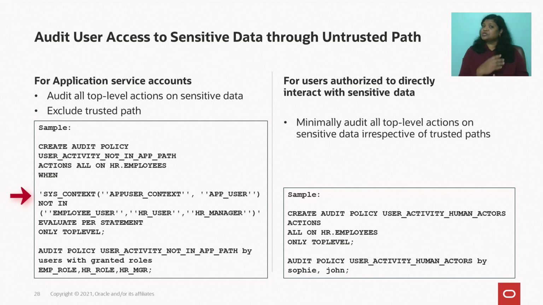Any client connection which accesses these tables but does not have the listed application context values set in the database session will be treated as untrusted and audited. For the users who are authorized to directly interact with the sensitive data, minimally audit all top level actions on sensitive data irrespective of the trusted path, as shown in the second sample.